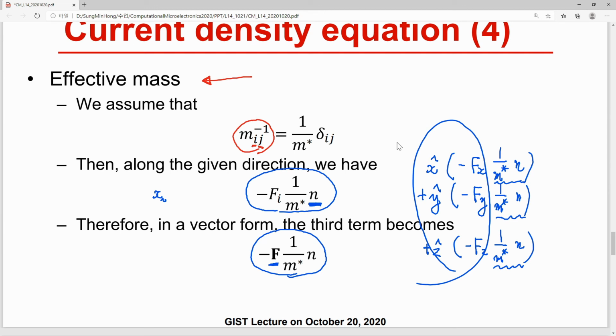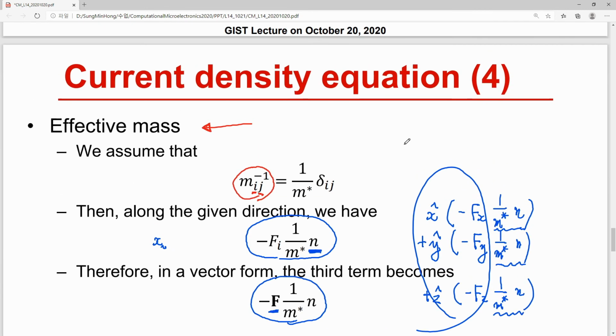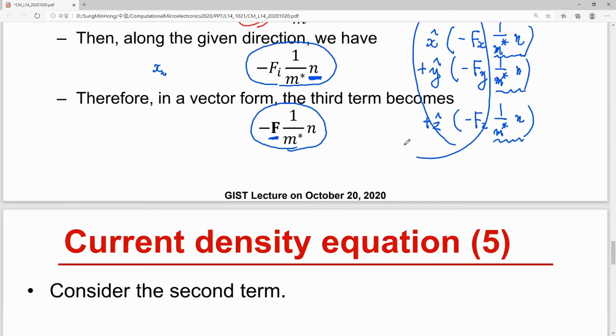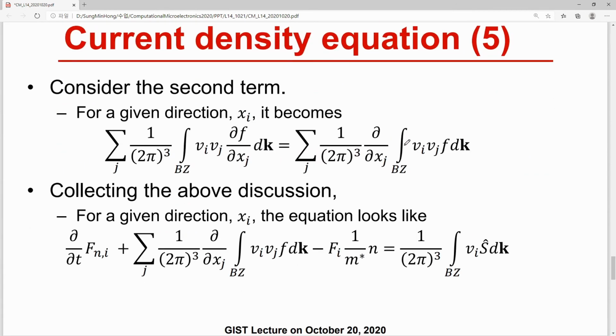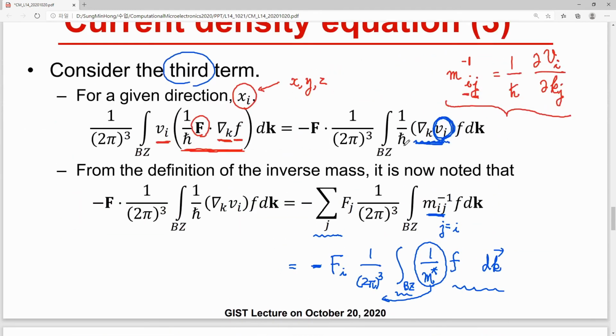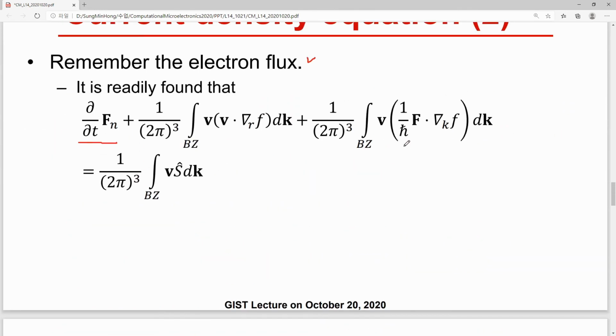So that is the second term. That was the third term, and let's go to the second term, and now we can follow quite a similar approach. So first let's go to the second term, and how does it look?